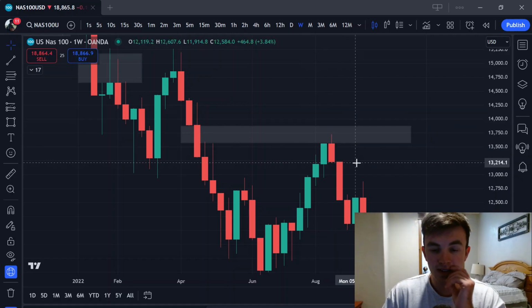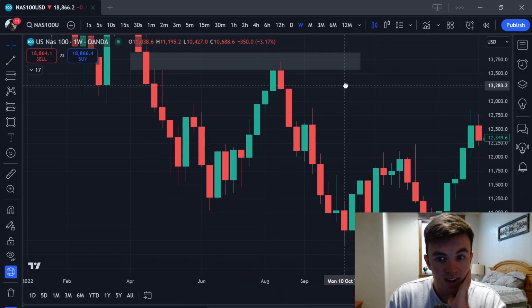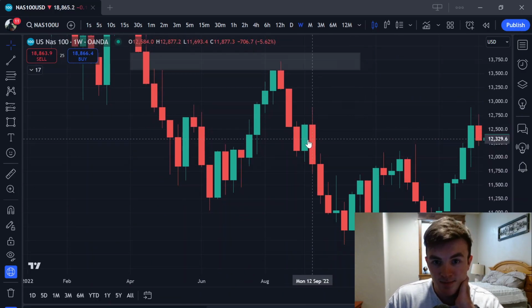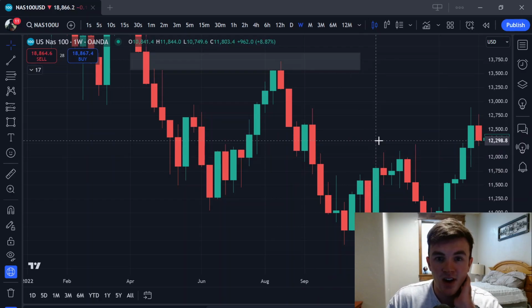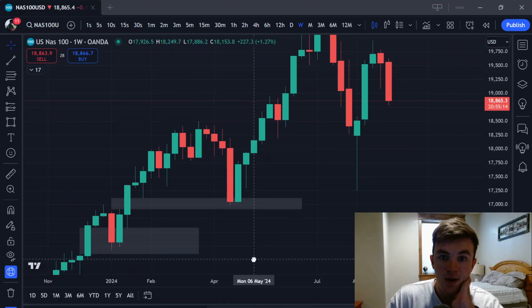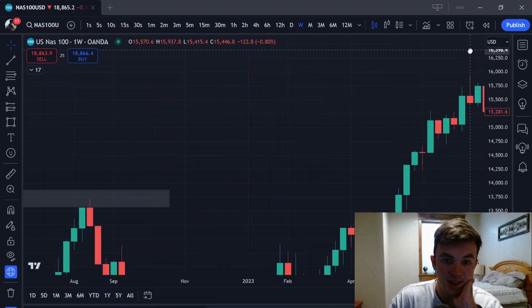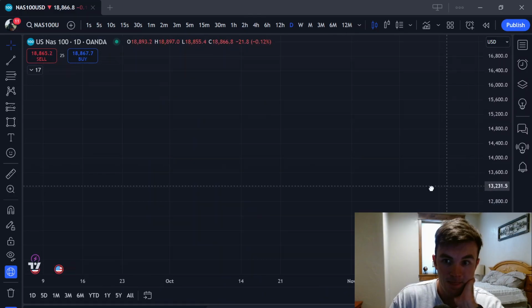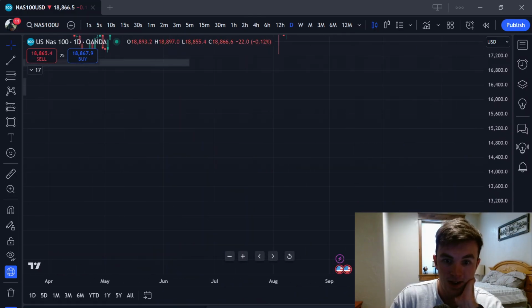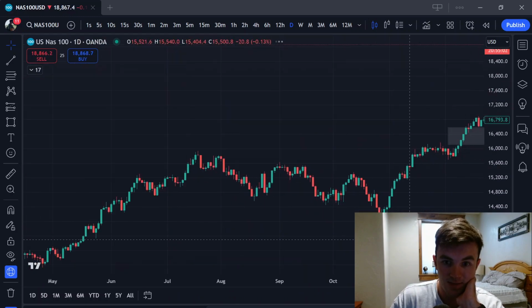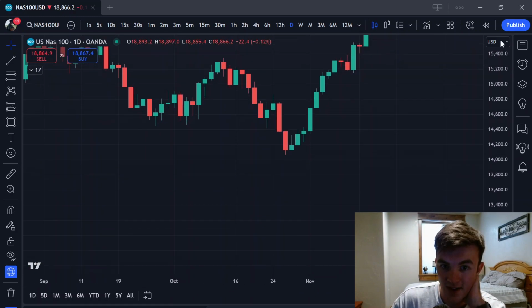Now, something that I will briefly say is, if you get a candle body close above, or a candle body close below, that represents an inverse fair value gap. We're not going to go too deep into this, since this is just a video on fair value gaps.